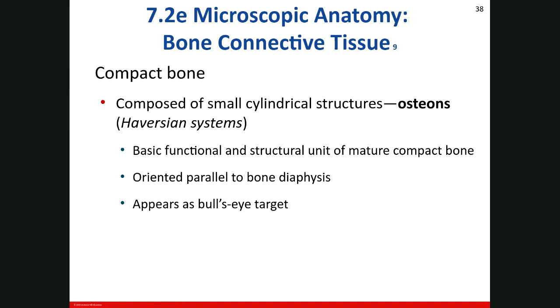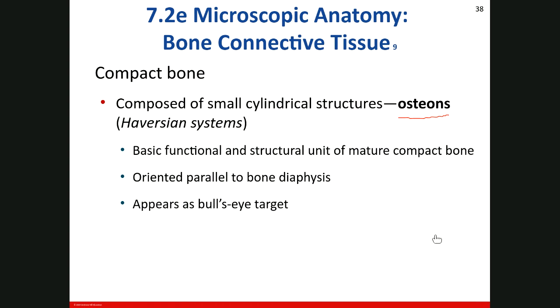The other name of osteon is Haversian system. The Haversian system is the basic functional and structural unit of mature compact bone. These osteons are oriented parallel to the diaphysis of the bone, and they are very similar to a bullseye target.